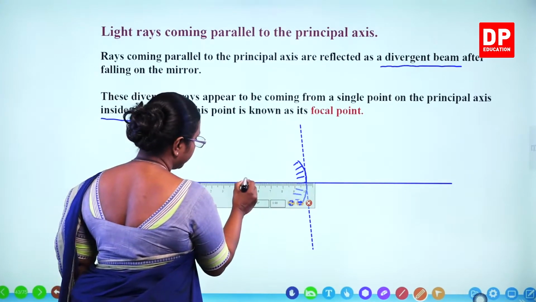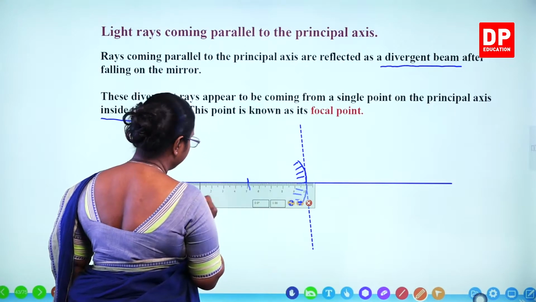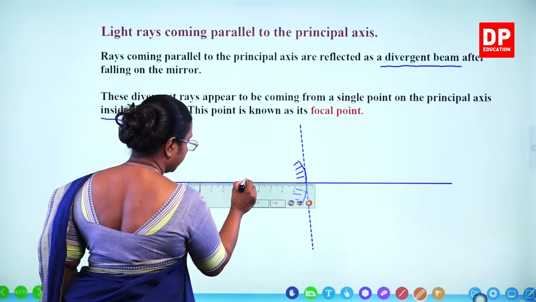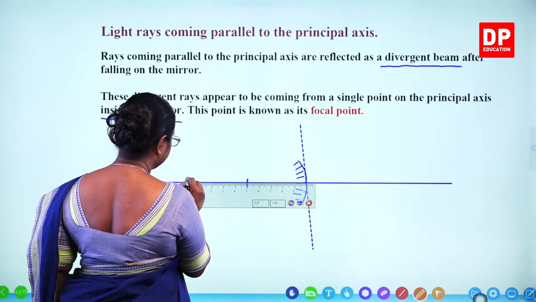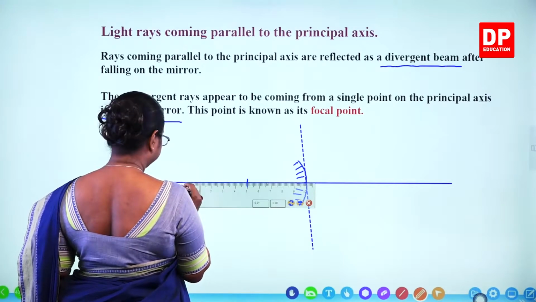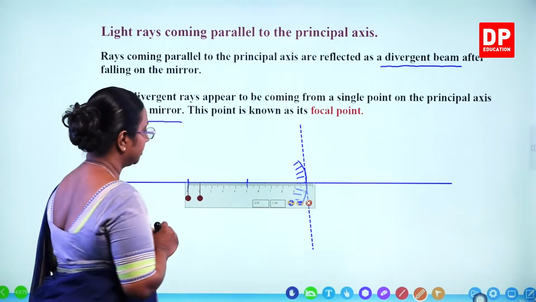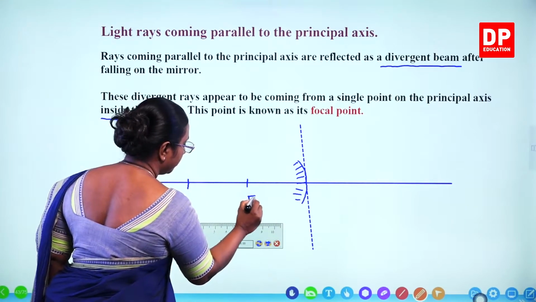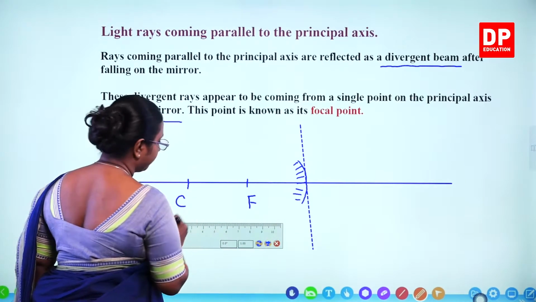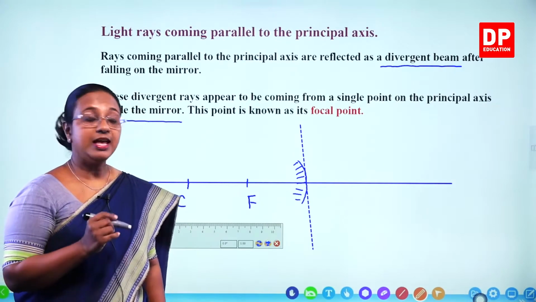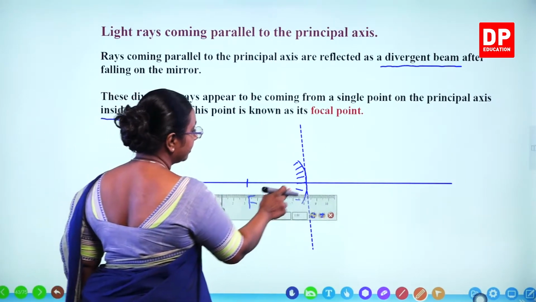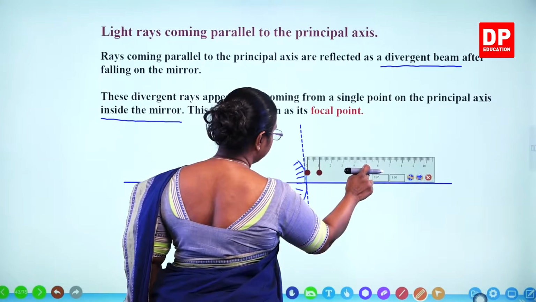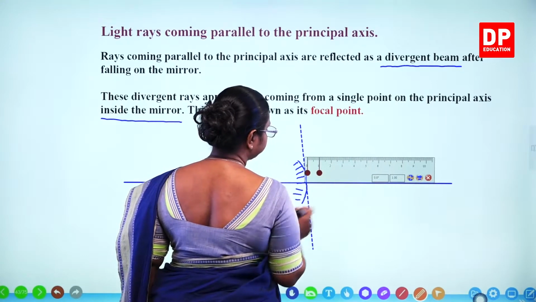So here at this point it will be the focal length, and here it will be the center of curvature. So then we have to mark the 2 points F and C. Then we need rays that are coming parallel to the principal axis.